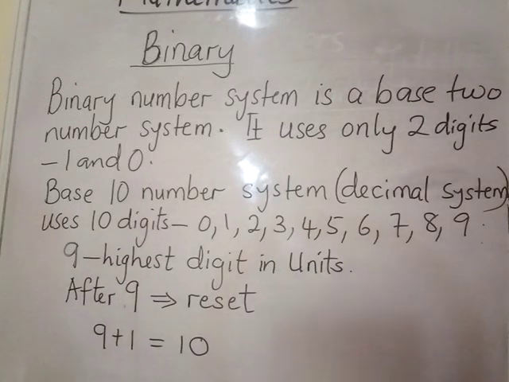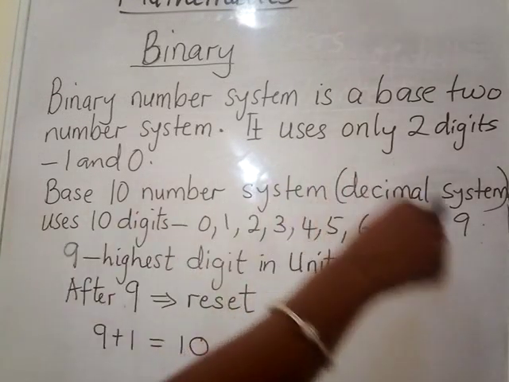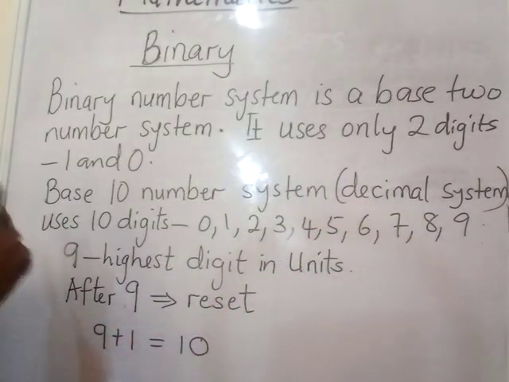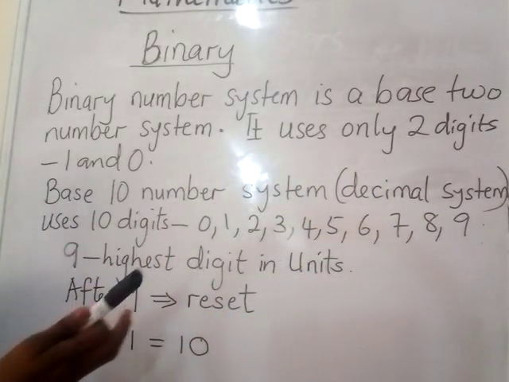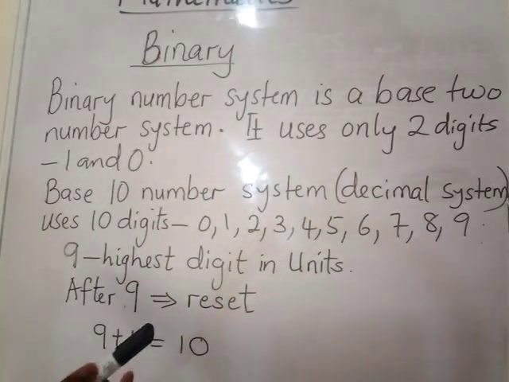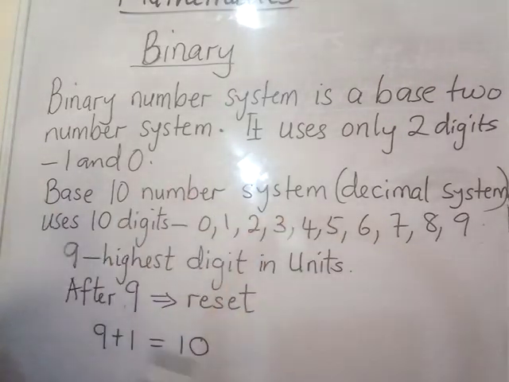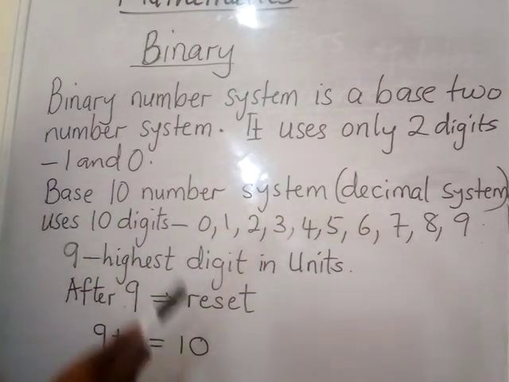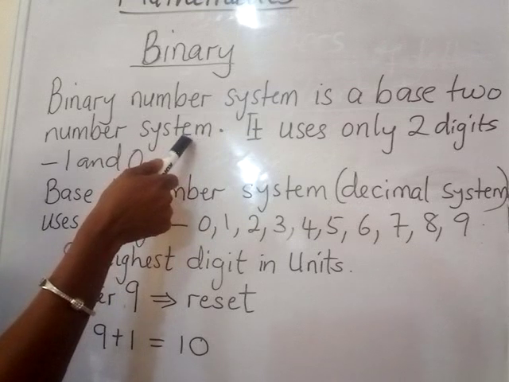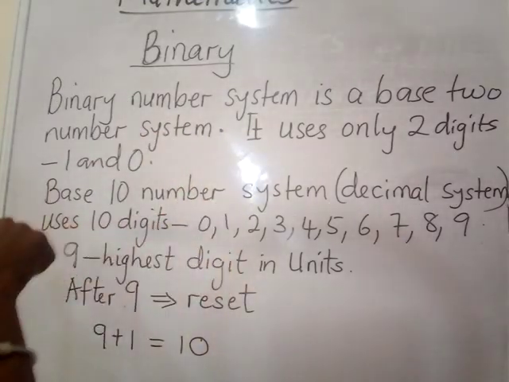For us to properly understand the binary system, we're going to first take a look at our normal base 10 system, which is also known as the decimal system. We'll take a look at it because a lot of the rules that apply in the binary number system also apply here.